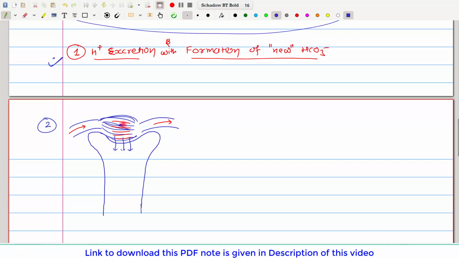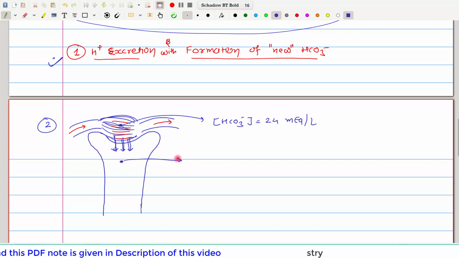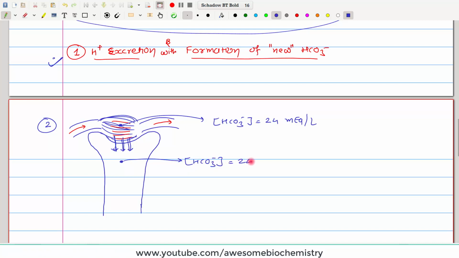On this blood side, the bicarbonate concentration is 24 milliequivalent per liter. Now this bicarbonate is freely filtered through this membrane. As it is freely filtered, here also the bicarbonate concentration will be the same as that of the blood, that is 24 milliequivalent per liter.